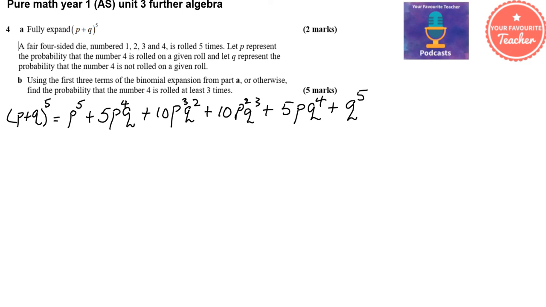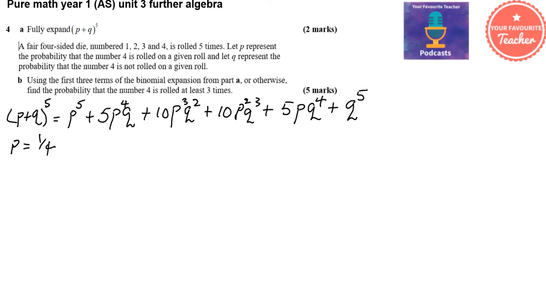The second part of the question says, a fair four-sided die numbered 1 to 4 is rolled 5 times. Let P represent the probability that the number 4 is rolled on a given roll. As soon as we see that, we can say P would be equal to 1 over 4.